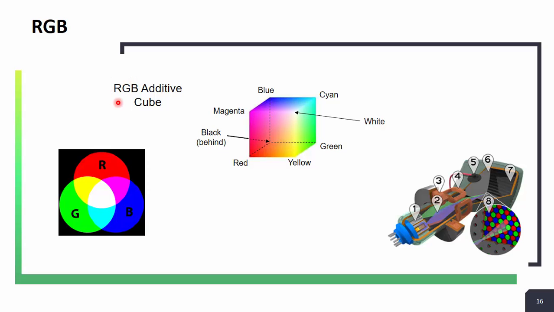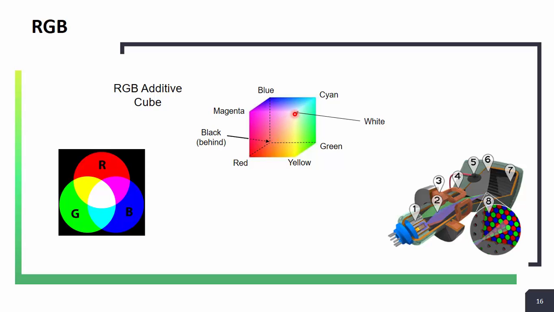And since there are three values involved in this color model, red, green, and blue, we can represent them using the three axes of a Cartesian coordinate. There will be a blue axis, green axis, and red axis. At the origin where all components are 0, we get black.